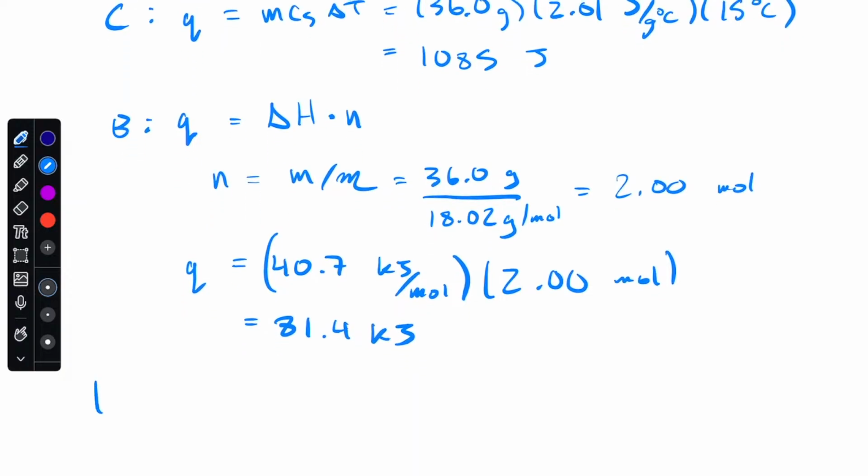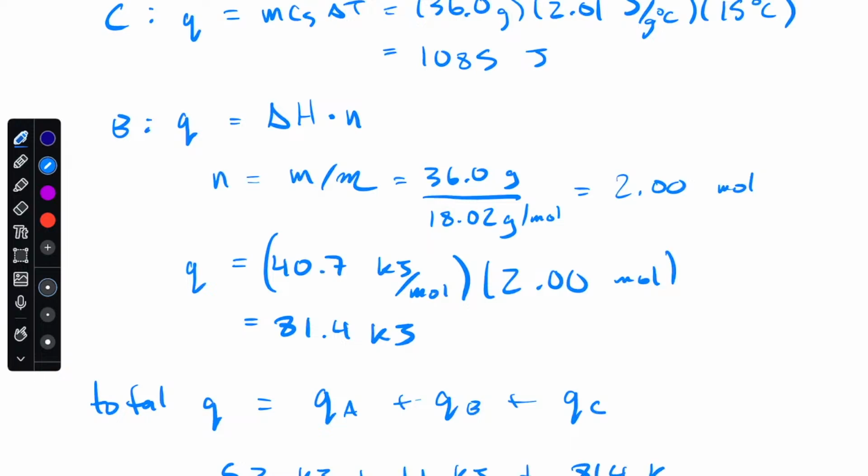So the total, QA plus QB plus QC, is, let's convert them all to kilojoules as we do this, 5.3 kilojoules plus 1.1 kilojoules plus 81.4 kilojoules is a total of 87.8 kilojoules.